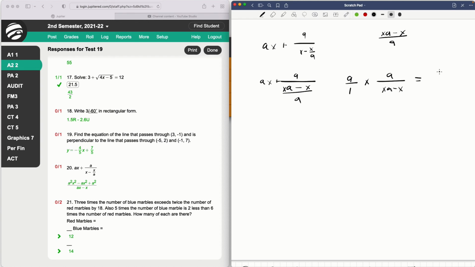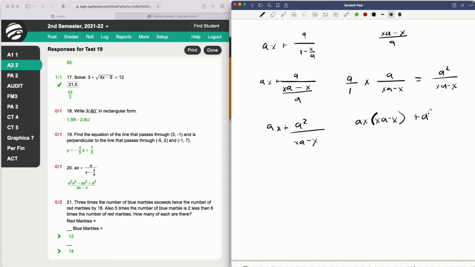So ax plus a squared over xa minus x. Common denominator, that's going to be ax times xa minus x plus a squared all over xa minus x.